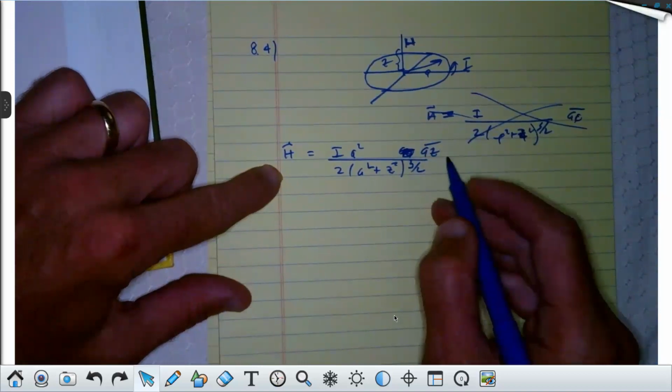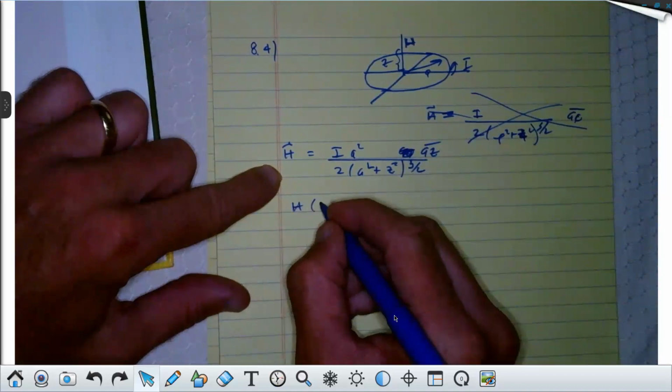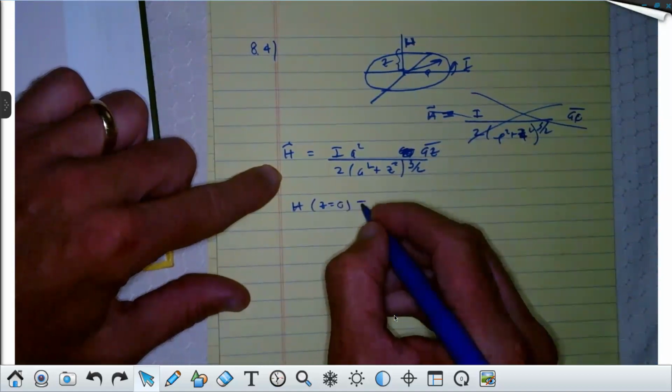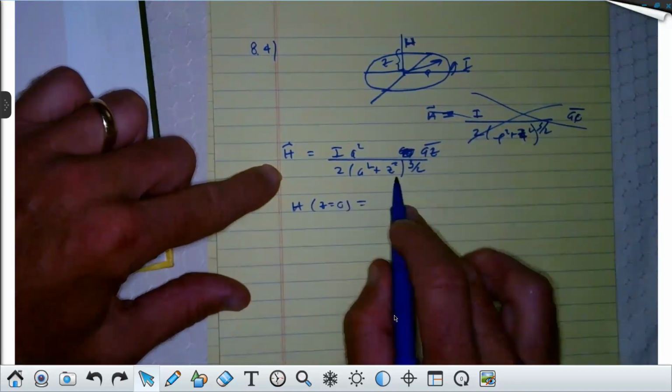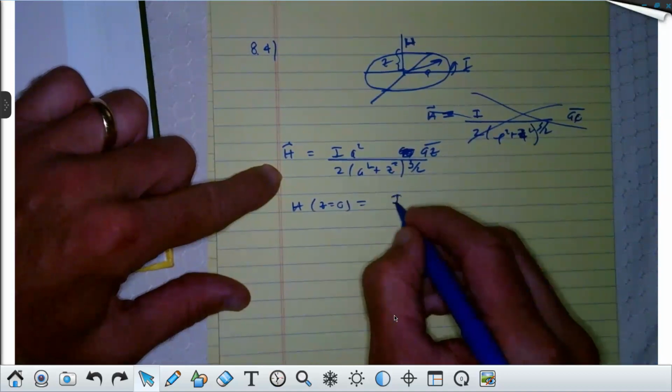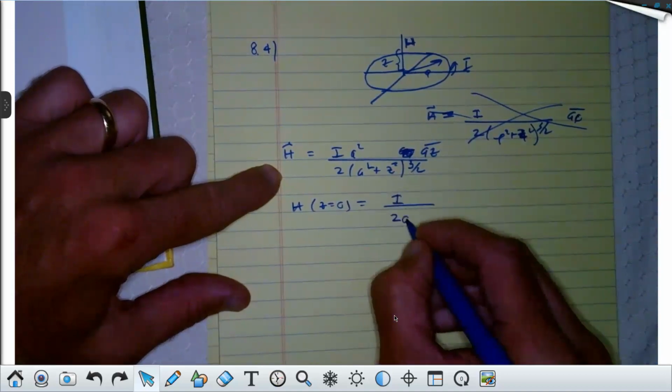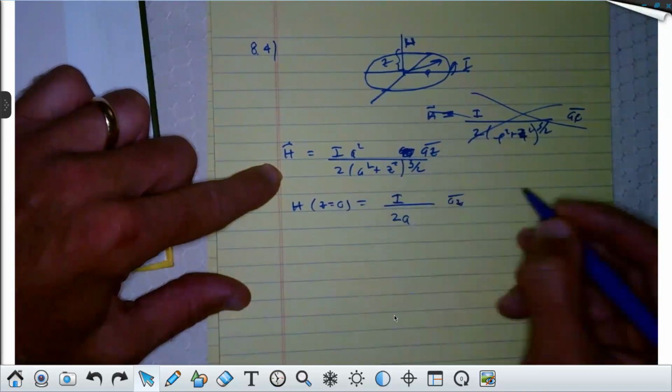Now they want to know at the origin, so H when Z equals 0. If you take a look at this, this would just be I over 2A, AZ. Y'all agree with that?